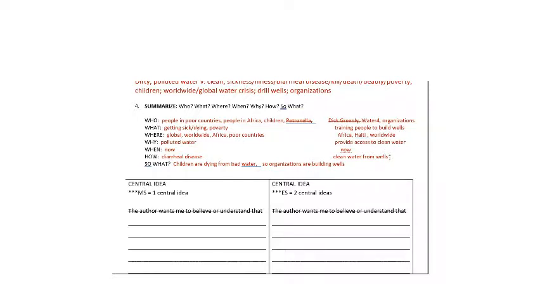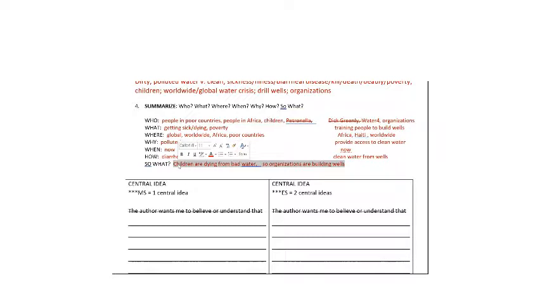And how they're doing it, in response to diarrheal disease, is they're making clean water from wells available. And that's solving the problem. Okay, so what? Children are dying from bad water, so organizations are building wells.